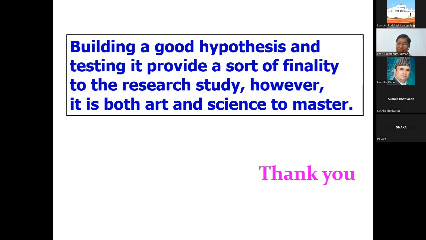So the hypothesis is generally based upon the literature review, continuous literature review, and it varies from one person to another, or from one research scholar to another researcher. So this is how a person makes a good hypothesis and how it is tested or validated.